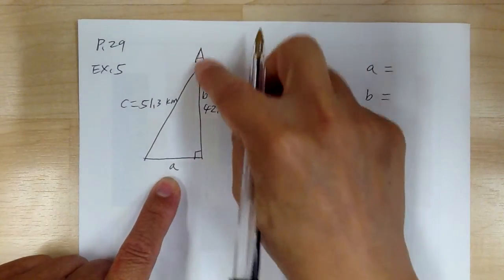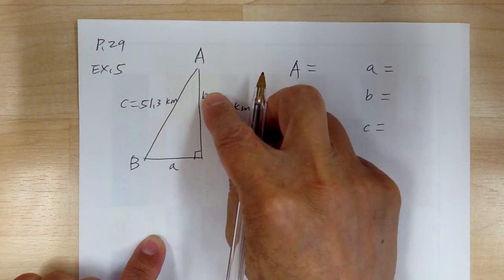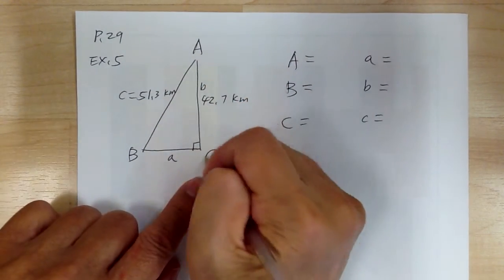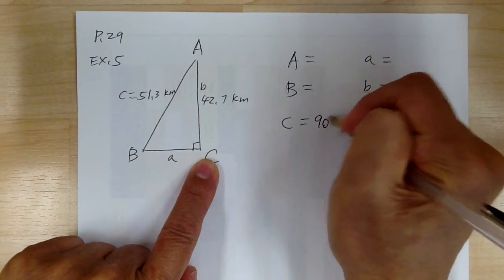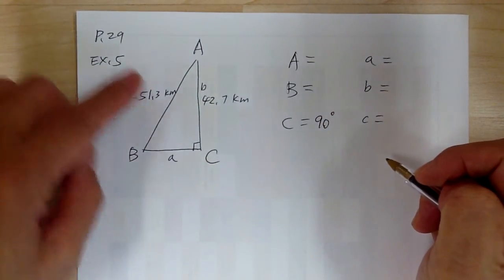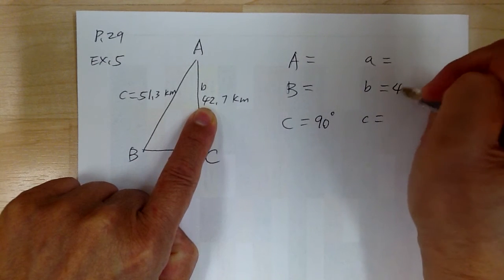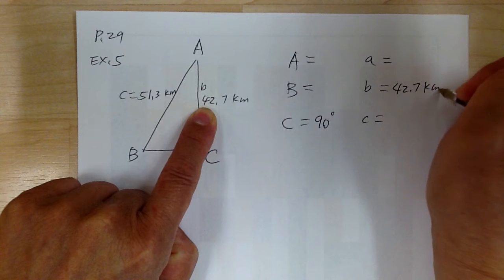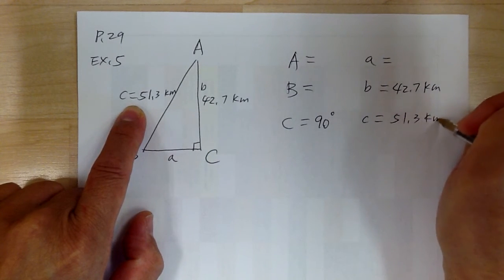Capital A is always facing small a, capital B is always facing small b, and capital C is always facing small c. So from here you know that this is 90 degrees. And A you don't know, b is given, it's 42.7 kilometers, and c is 51.3 kilometers.